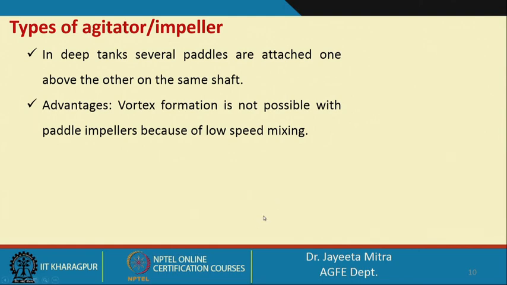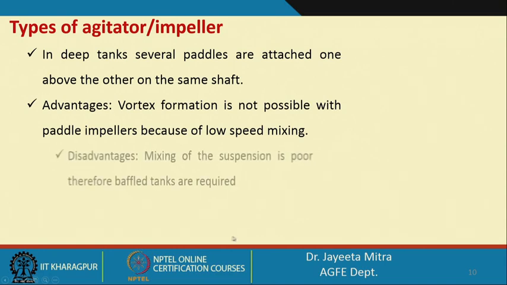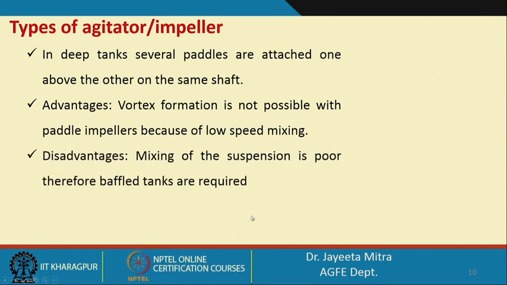Vortex formation is not possible with paddle impellers because of the low speed mixing, and the disadvantage is that the mixing of the suspension is poor, therefore baffled tanks are required.